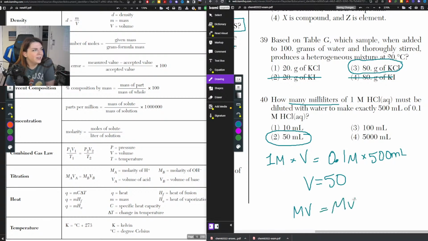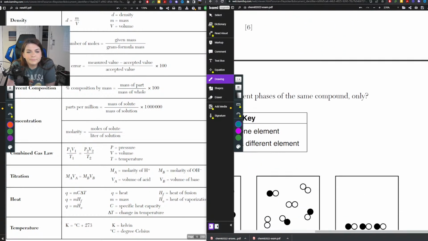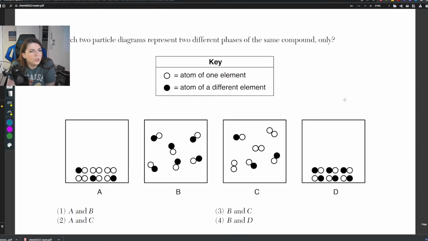The question is diluting, which is why we don't love this question. We don't mind the question. It's just paired with this reference table we don't love.